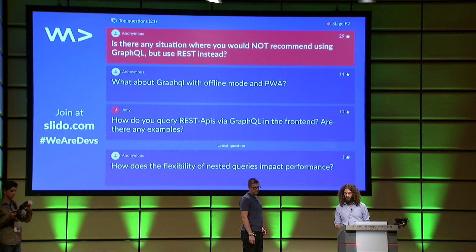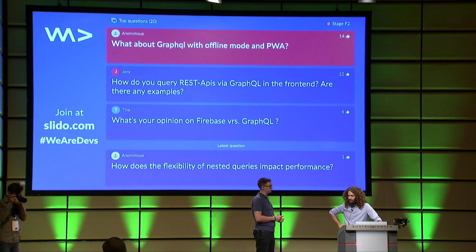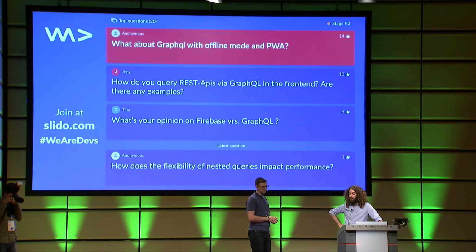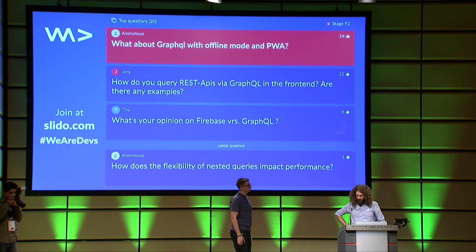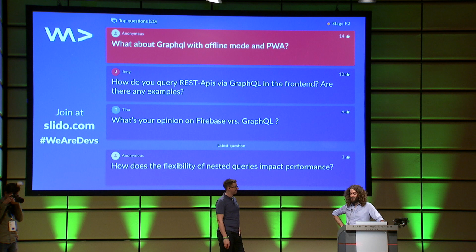Okay, yeah. Next question: what about GraphQL with PWA, progressive web apps? So PWA is a very cool word for a lot of different things, and like everything that Google pushes, there's a lot of marketing behind it.